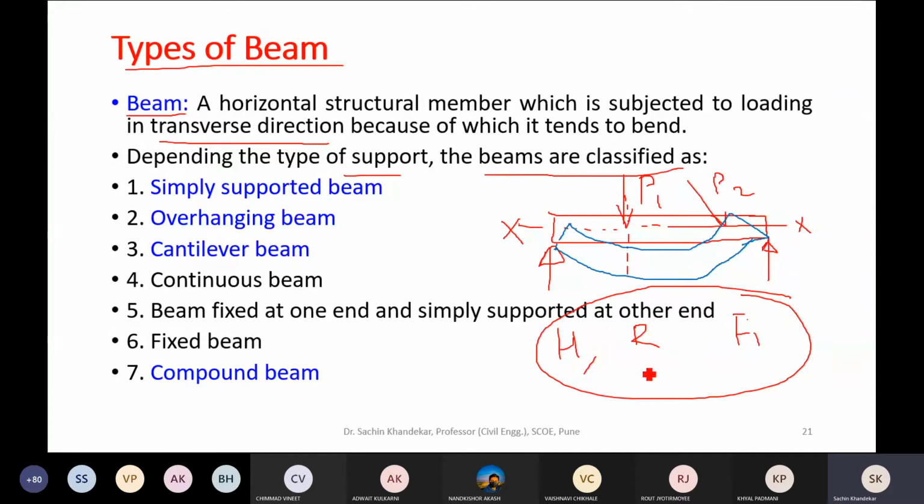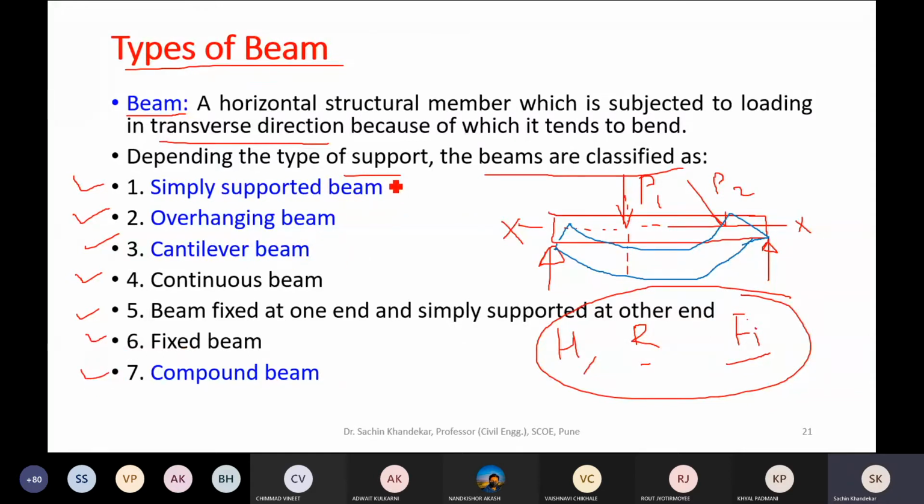Depending upon the type of support, the beam is classified as simply supported beam, overhanging beam, cantilever beam, continuous beam, beam fixed at one end and simply supported at the other end, then fixed beam, and then compound beam, right?